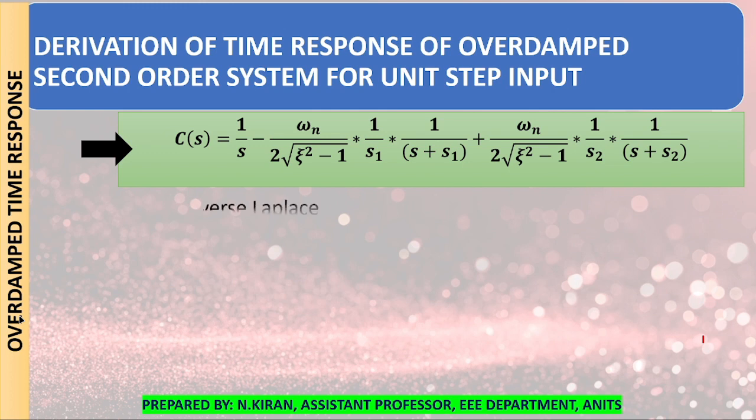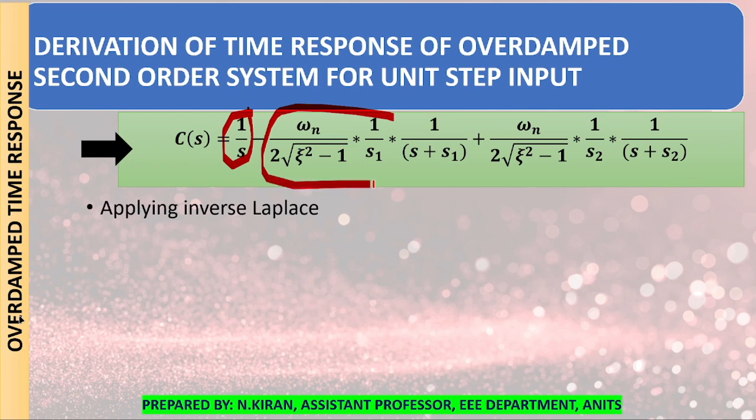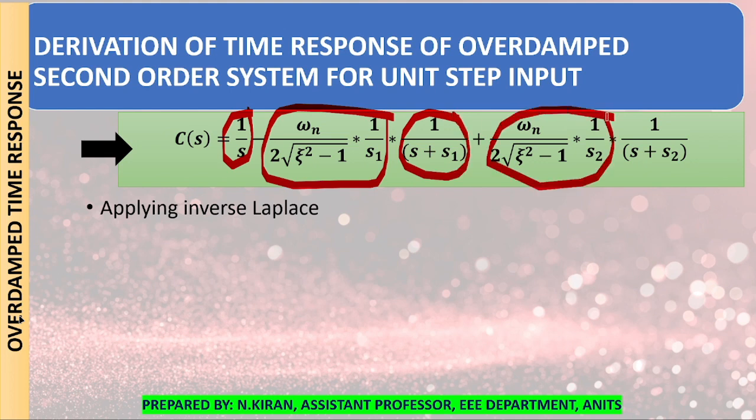Now if I apply inverse Laplace, the first term is anyhow 1 by s, so inverse Laplace I can easily identify. This entire thing is a constant. The second term is in the form of 1 by s plus a, and in the third term also this is constant, and this is also in the form of 1 by s plus a.